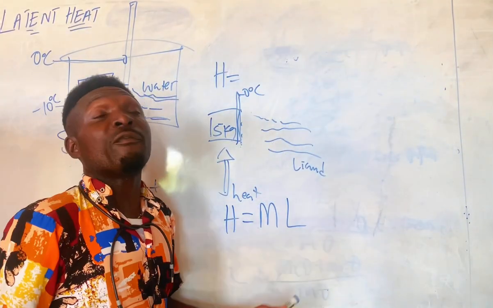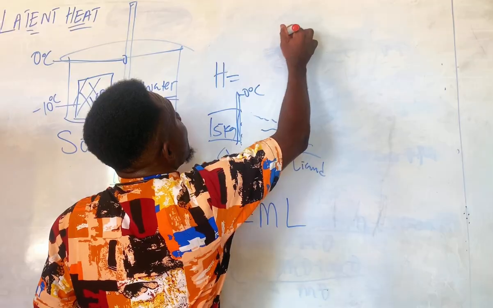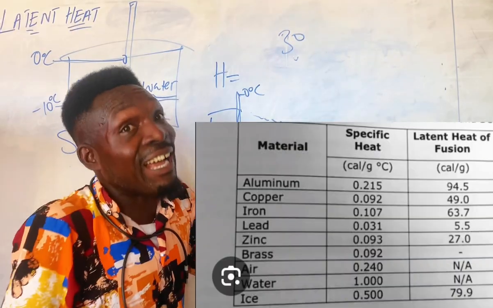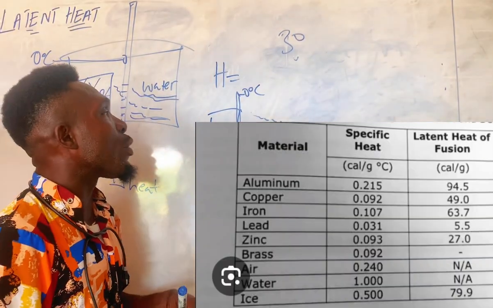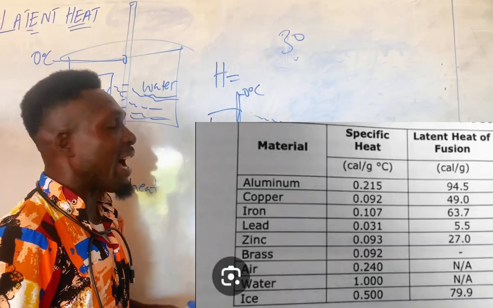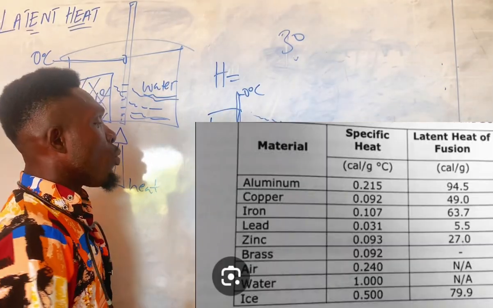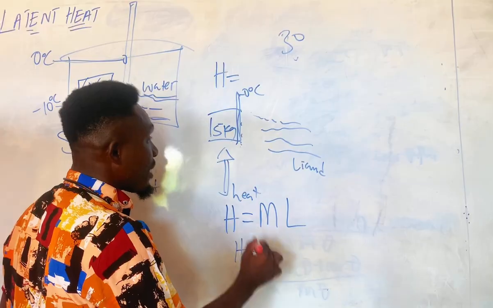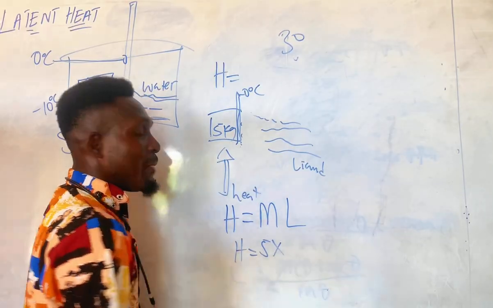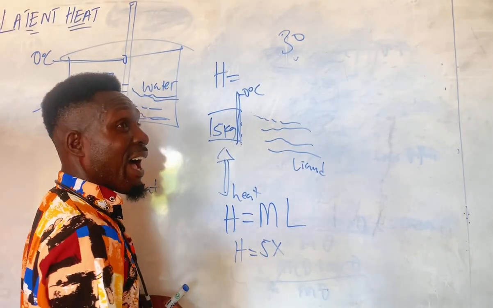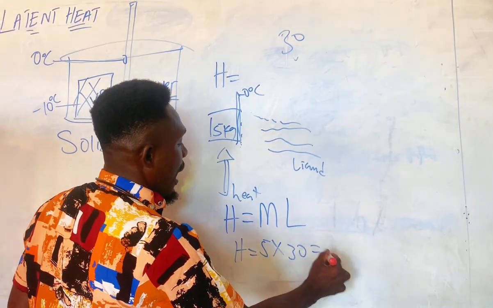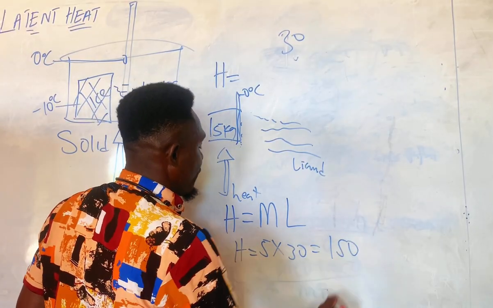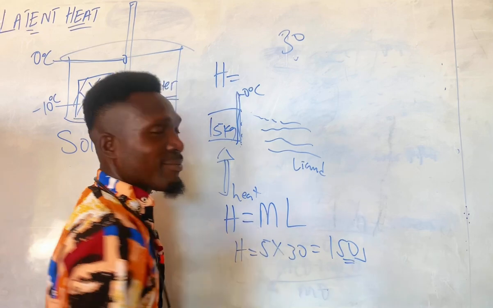Let's say the latent heat of fusion of ice is 30. So calculate the quantity of heat required to melt 5 kilograms of ice. The quantity of heat is just H equals the mass times the latent heat of fusion of ice, which is 30. And my answer is going to be 150 joules.